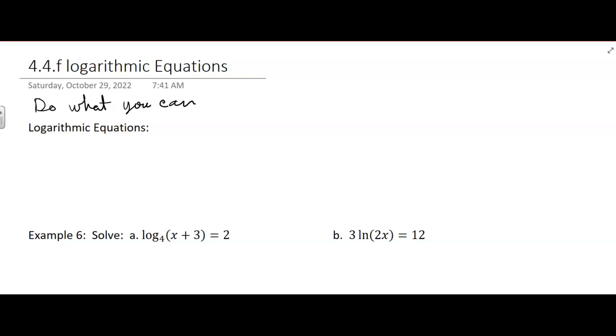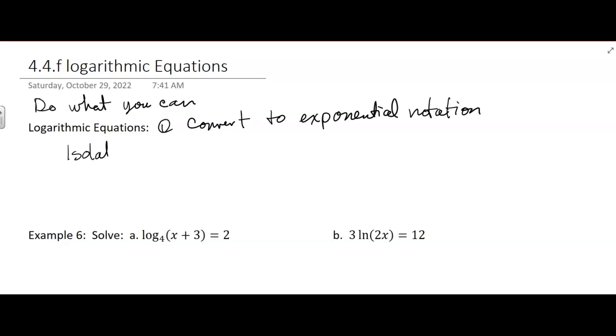Okay, so the first idea we have is that we can convert to exponential notation. So that's the idea here. Now to do that, you're going to have to first isolate the log part, so log base b, then convert it to the other notation.